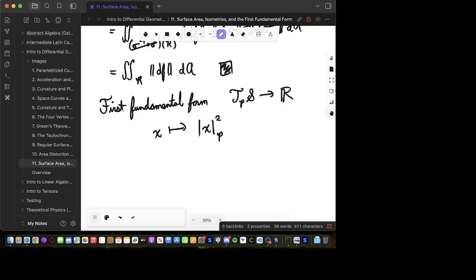You might be wondering what that p is doing there. That's basically showing that the vector x emerges from the point P.